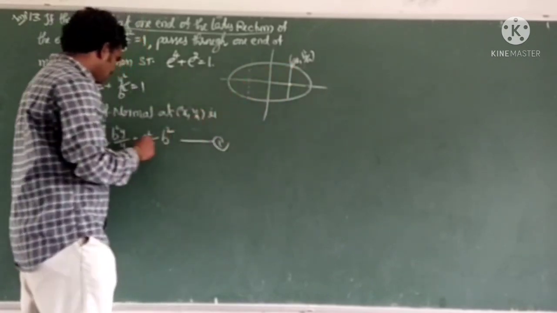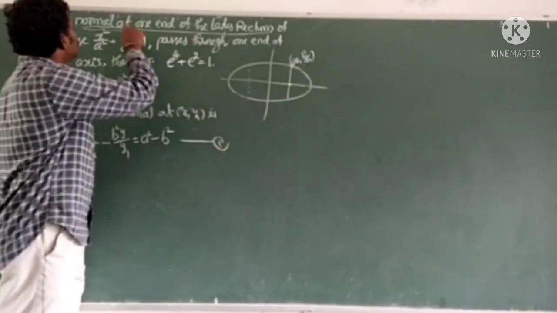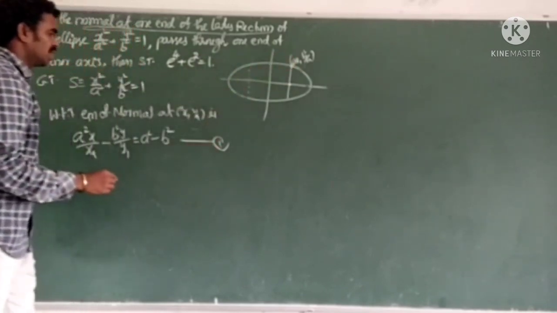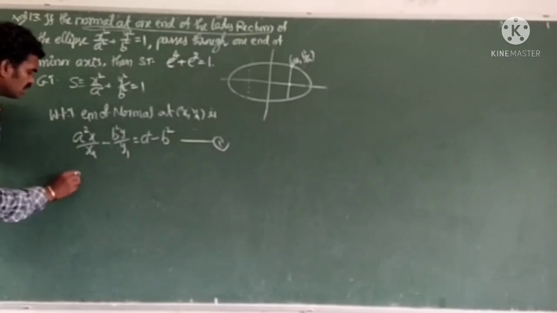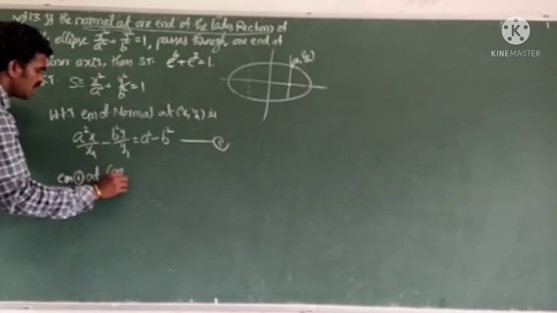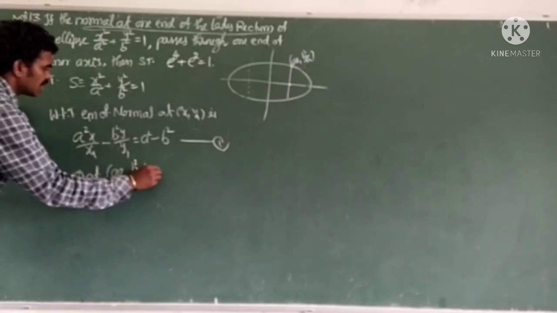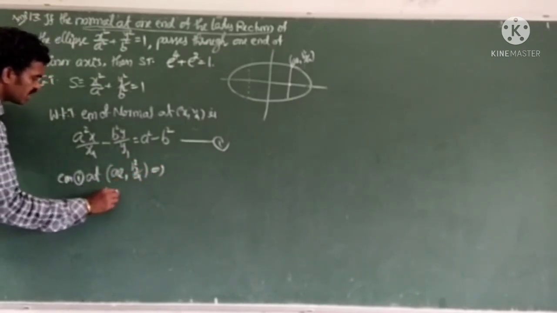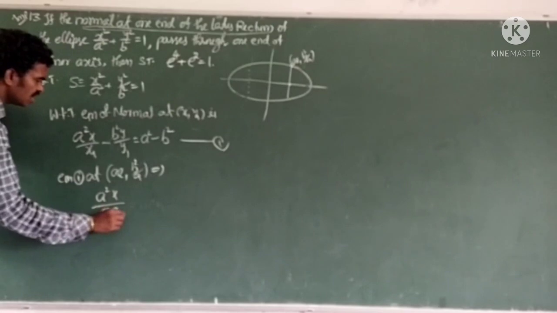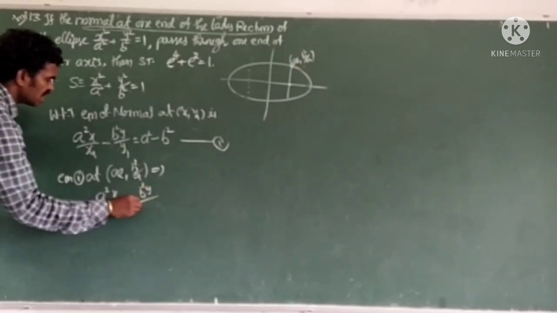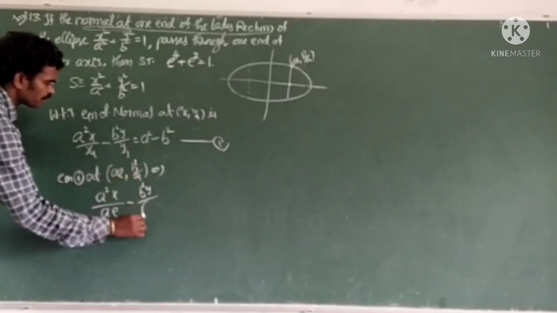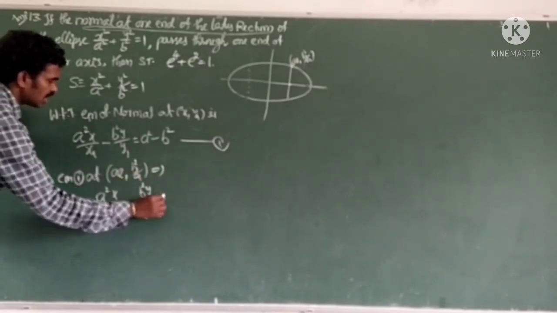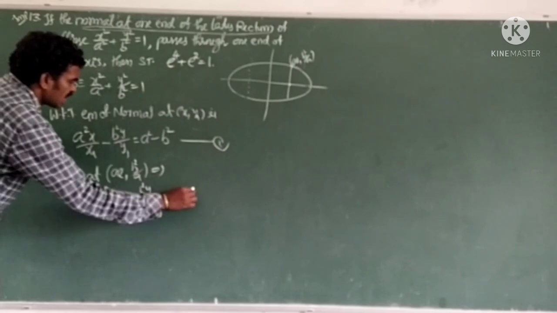But this normal equation is passing through (ae, b²/a). So equation 1 at (ae, b²/a) becomes a²x/x1, meaning ae, minus b²y/y1, meaning b²/a, and equal to a² - b² as it is.